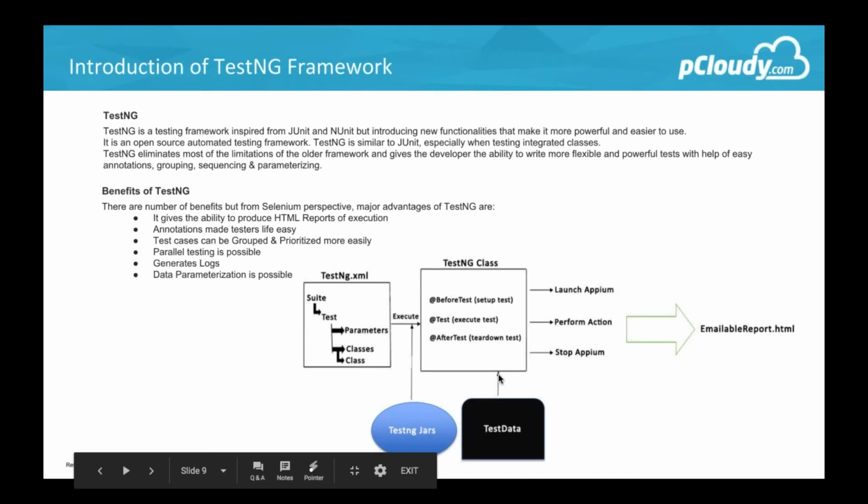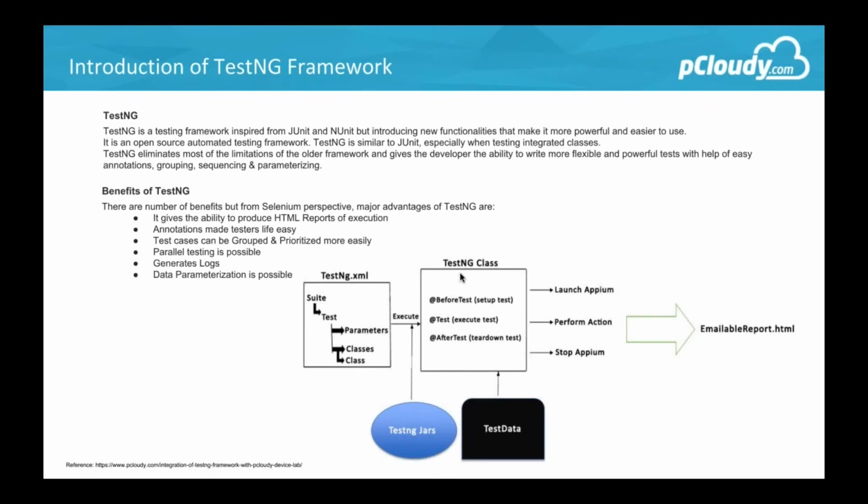If the test data is multiple, like you are providing an array of 5 different test data, the same TestNG class gets executed in parallel for 5 different test data, and it performs actions, and then you get an HTML report.